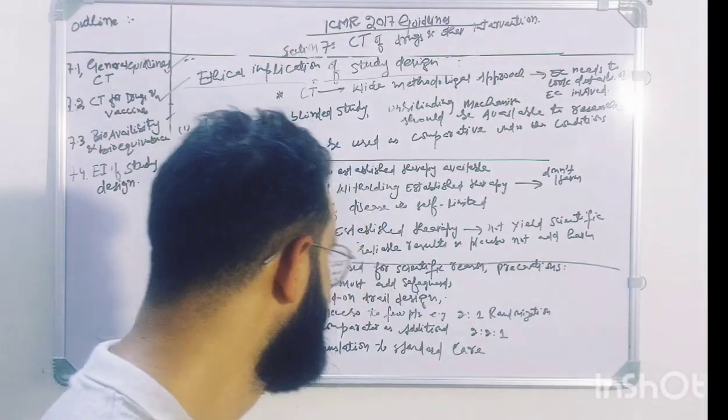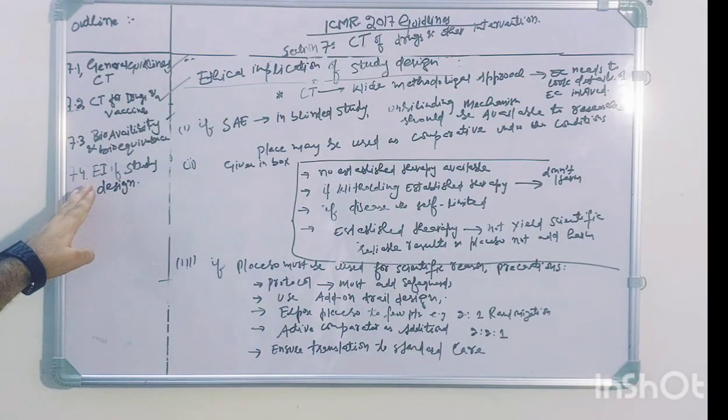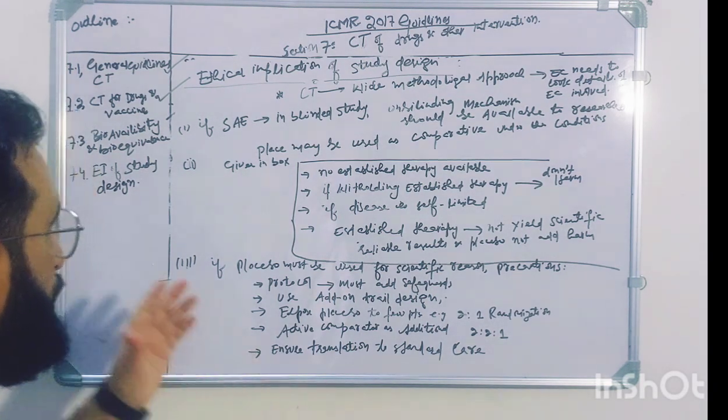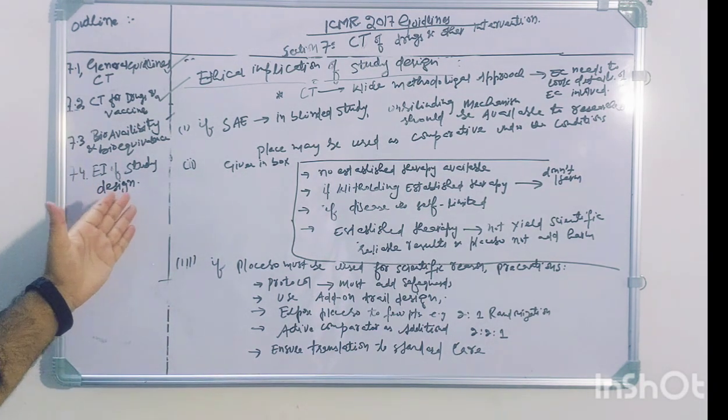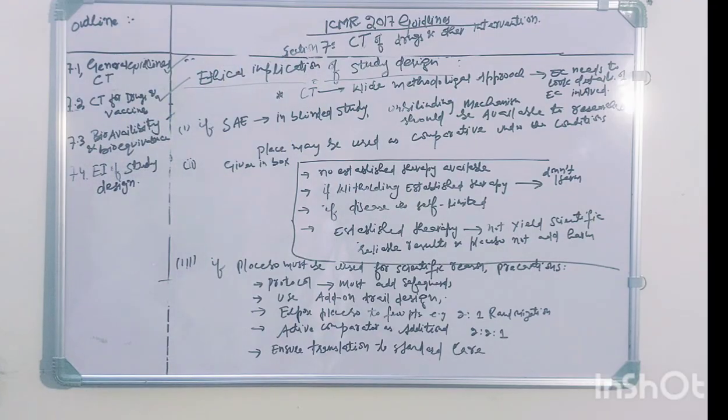Then the fourth subsection, under section 7, Clinical trials of drugs and other interventions, is the ethical implication of the study design. They have given it in different parts, and I'm repeating so that you can remember it chronologically.